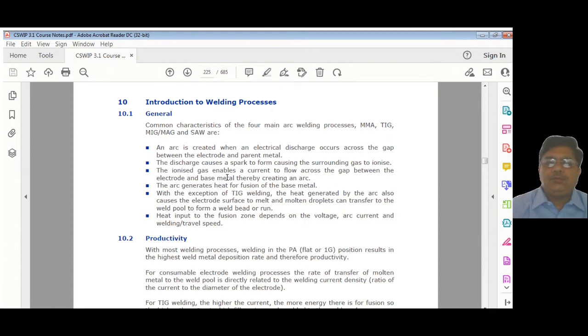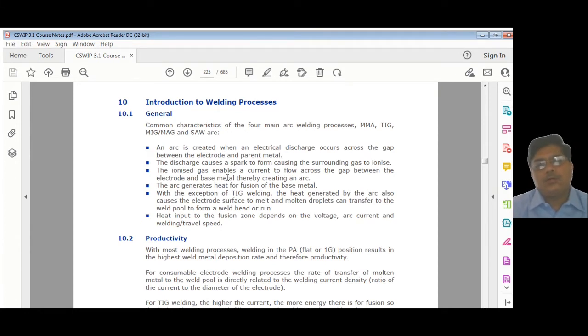Heat input to the fusion zone depends on the voltage, arc current, and welding travel speed. So please learn how the welding electrode is made, how the welding machine is made, and what is inside the welding machine. You should know all this very clearly and thoroughly, because after getting CSWIP 3.1, you are going to come on site and work, and also go to a lot of interviews.